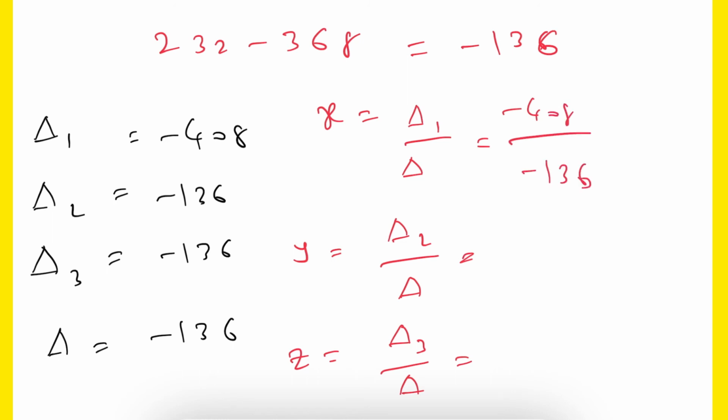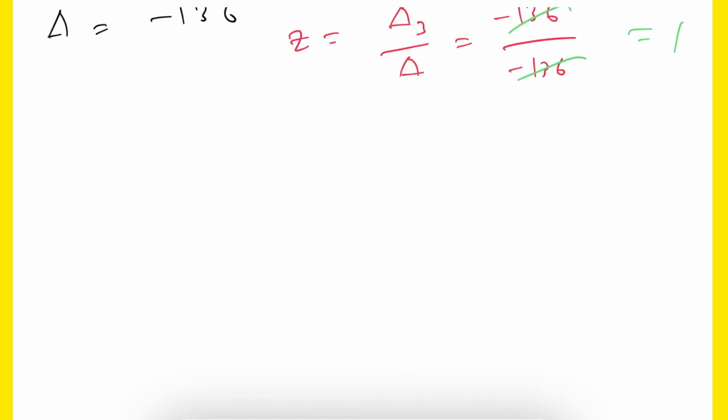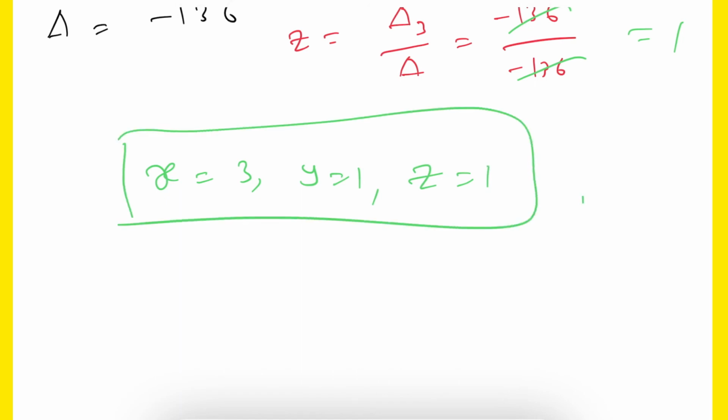Delta 2 minus 136 by delta minus 136. Delta 3 minus 136 by delta minus 136. If we simplify, 136 cancels with 136. So x value is 3, y value is 1, z value is also 1.